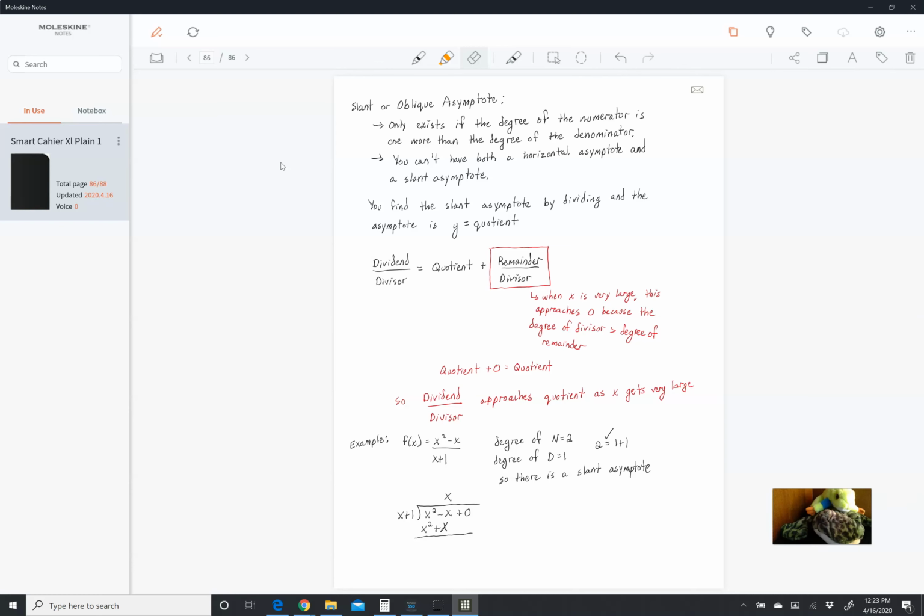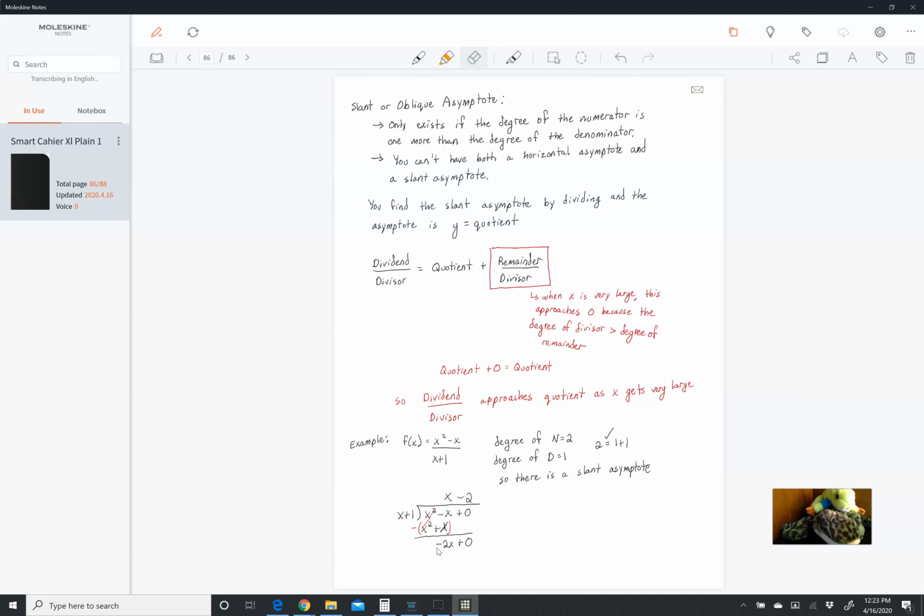I'm not going through a long explanation of this because we've done it so many times. We subtract, the x squared cancels. Negative x minus x is negative 2x. So we have negative 2x plus 0. How many times does x go into negative 2x? Negative 2 times.